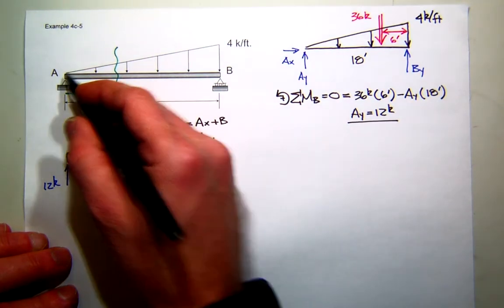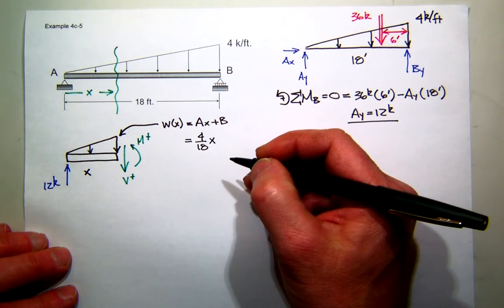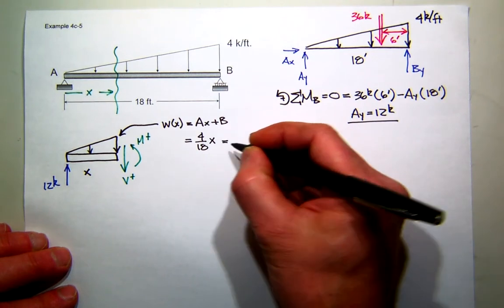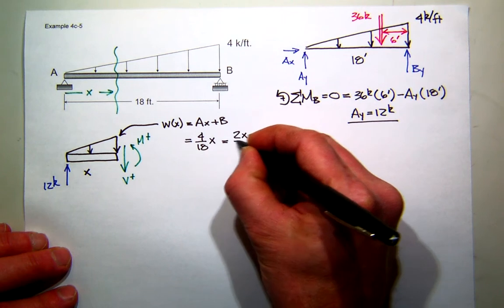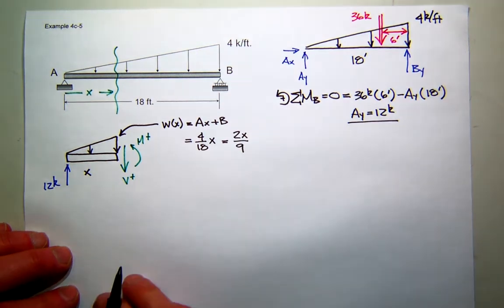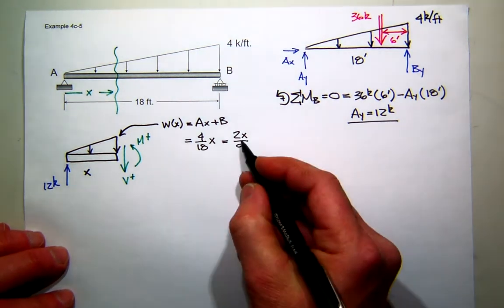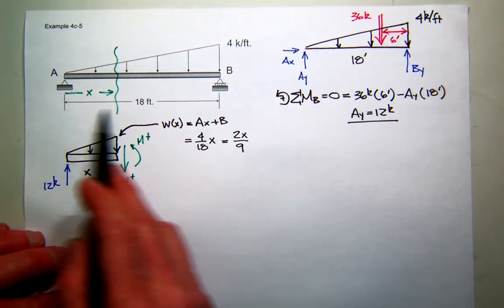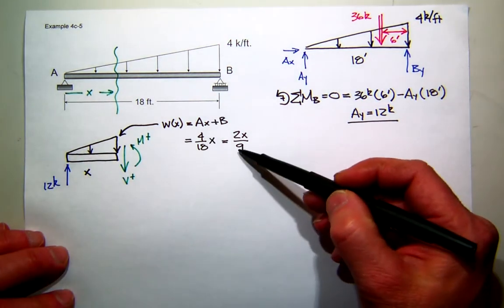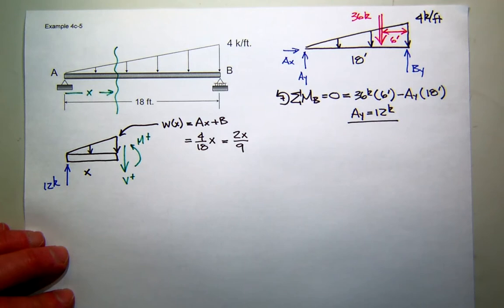So that's it. So I can rewrite that as, it looks like the smallest I can reduce it is 2x over 9. And you can see when x is 0, it predicts 0. And when x is 18, the equation predicts 4. So it works.